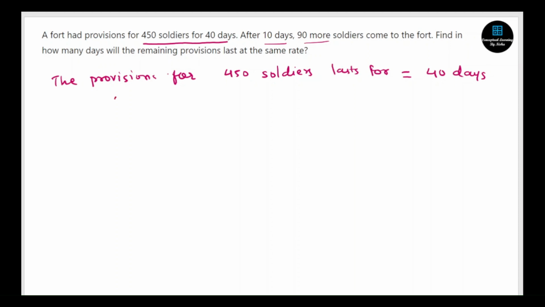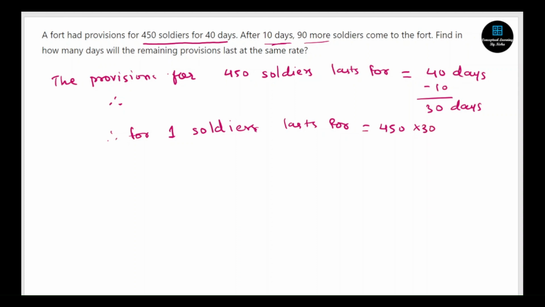Therefore, 40 minus 10, because after 10 days, which is 30 days. So now for one soldier, we use the unitary method. For one soldier it lasts for, by inverse proportion, 450 times 30.